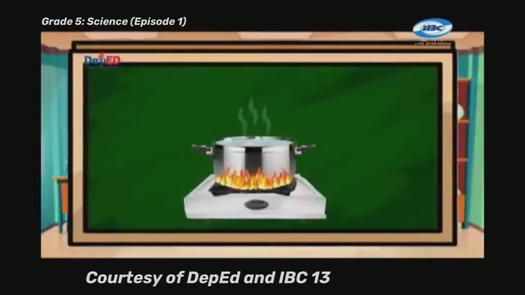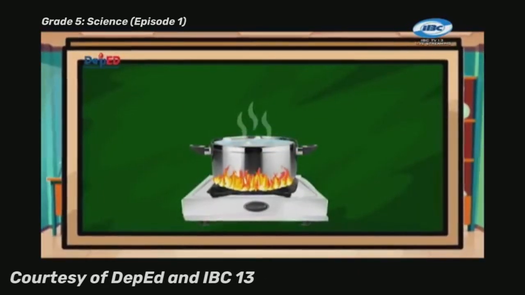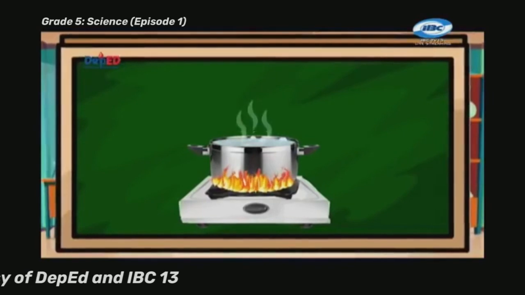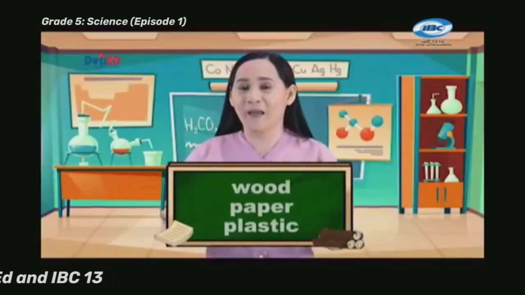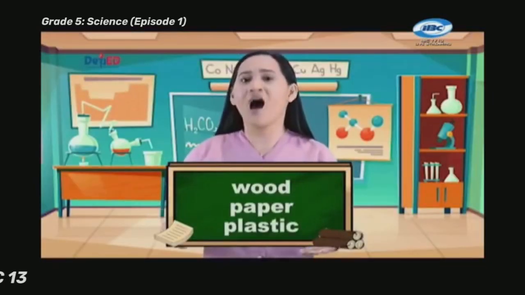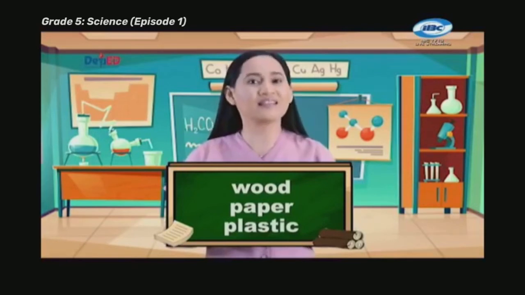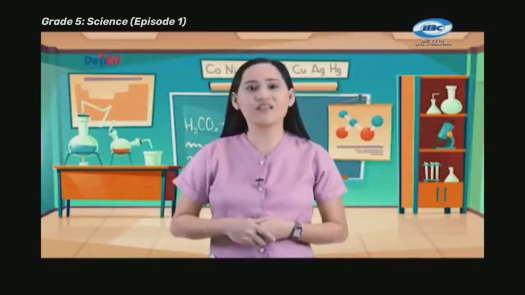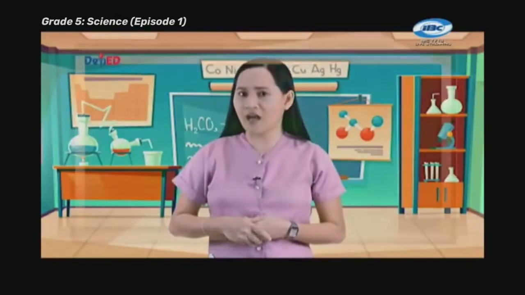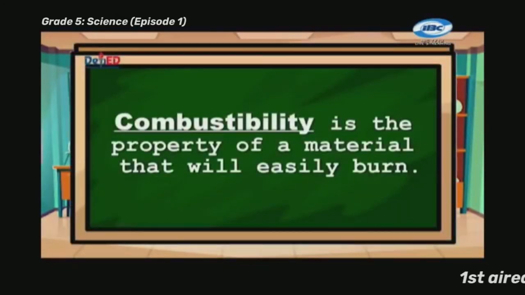While cooking pots which are made of metal do not easily burn, they can withstand the heat. Wood, paper, and plastic are examples of materials that easily burn. The property of materials that determines whether or not they will easily burn is called combustibility.